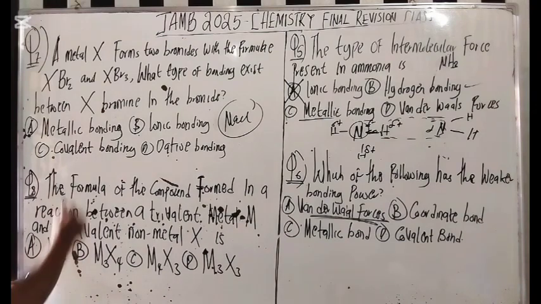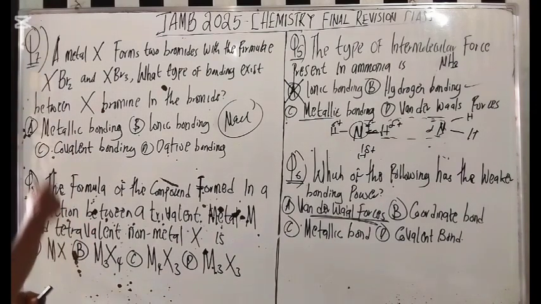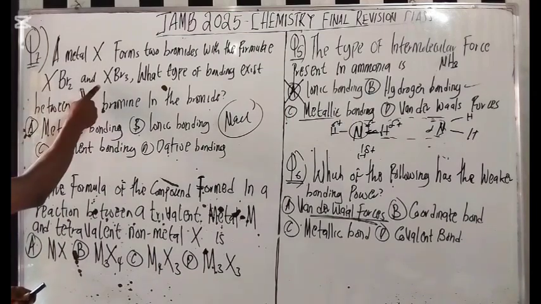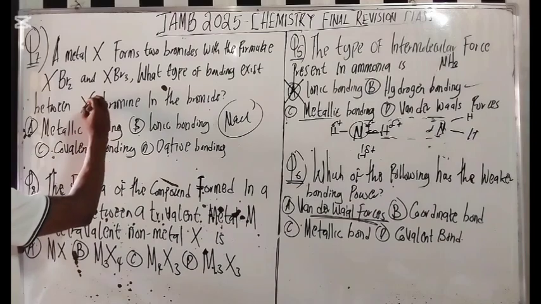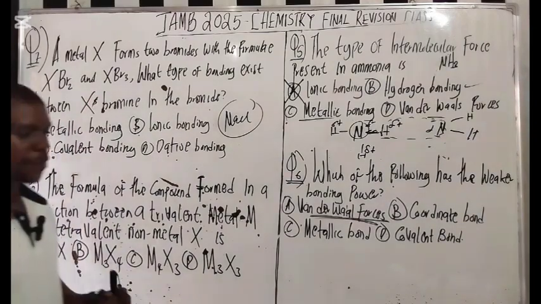Next, I want to look at this one: a metal X forms two bromides with the formulas XBrO2 and XBrO3. What type of bond exists between X and bromine in the bromide? Look at something here.